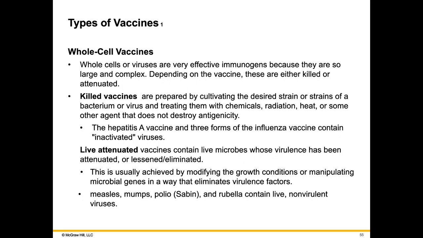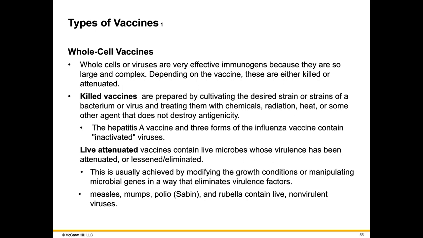Let's look at types of vaccines. So the first type we'll describe are whole cell vaccines. And I don't really like this term because whole cell vaccines have subcategories that include killed vaccines and inactivated vaccines.